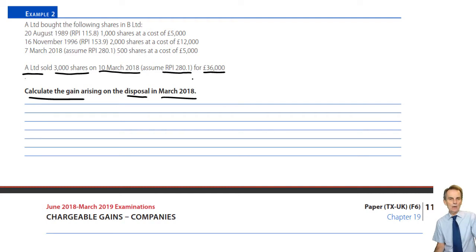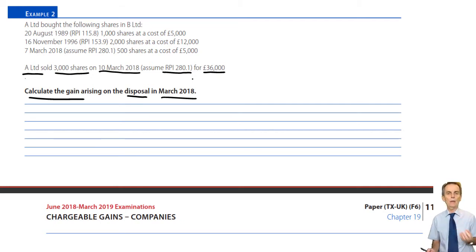Now, important issue. If you're dealing with the corporation tax question in section C, and this is one transaction that you have to deal with, the company in question has sold some shares during the accounting period, and we've got to work out what chargeable gain, probably gain rather than loss, has arisen during the period. So you know you're dealing with corporate tax. But on an objective testing question, each individual question is different from any other.